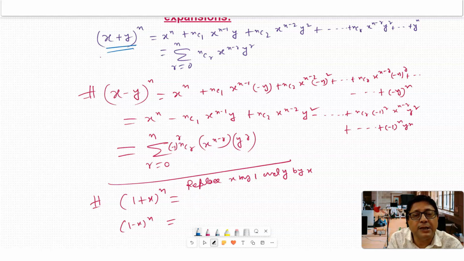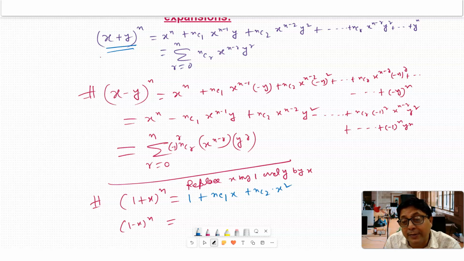In this expansion, whatever you get, the rest will repeat. So 1 to the power n is 1, 1 to the power n minus 1 is also 1, and y is x. So 1, then x square because you have replaced y by x, nC3 x cube, nCr x to the power r.